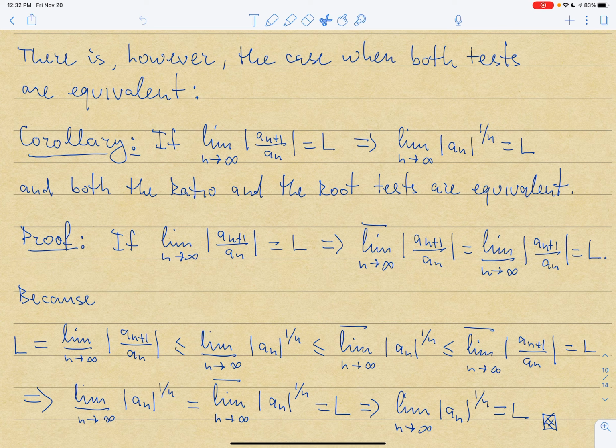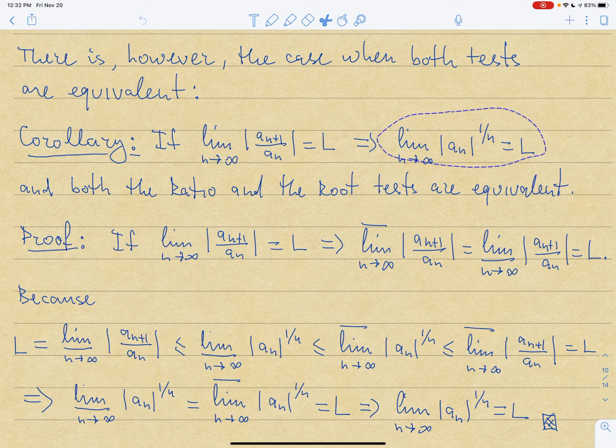And that is going to be true as long as the limit, not lim sup or lim inf, but the limit of a_{n+1} over a_n exists and is equal to L. If it is equal to L, then we will see shortly that the limit of the nth root of a_n is also going to exist and be equal to L. And so if this guy is less than 1, that guy is less than 1, if this is equal to 1, this is equal to 1, and so on.